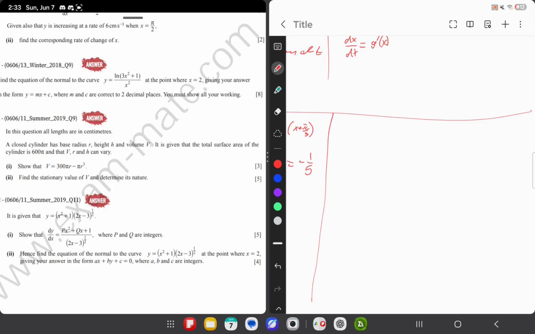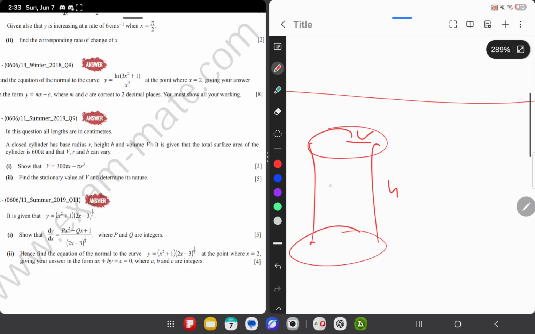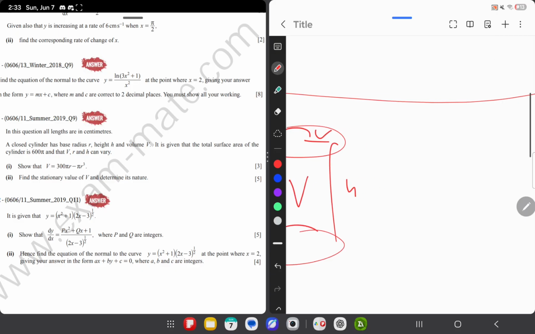A closed cylinder has base radius r, height h, and volume V. It's given that the total surface area of the cylinder is 600 pi, and the volume V, radius r, and height h can vary.